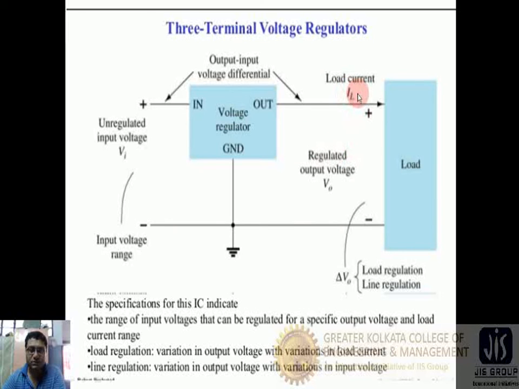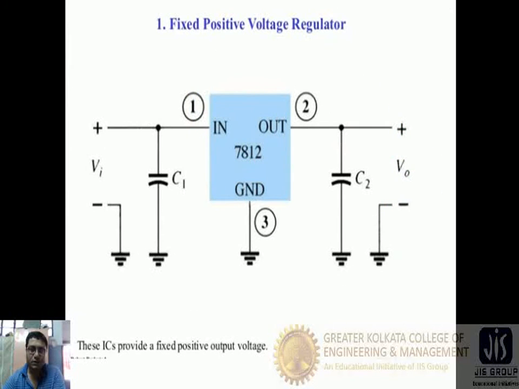So let us take a look. It is a voltage regulator IC, 7812, which is a 12 volt regulator IC, very easily available in the market. You can get this IC from the market and do some experiments at home also.